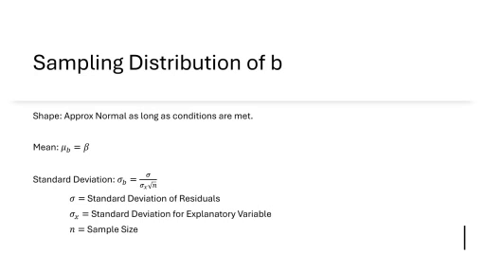And then the standard deviation is the standard deviation of the residuals, the r, which if you remember back when we were doing our regressions, we found the residual, which was the distance from the regression line to the actual value. So the standard deviation of that over the standard deviation of the explanatory variable, which is the standard deviation of the x values times the square root of n. Okay, so that's how our equations are, and there's many different ways of being able to find those, and we'll talk about some of those as we move forward.